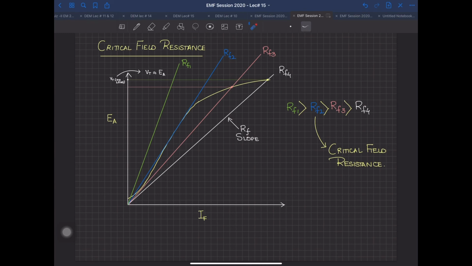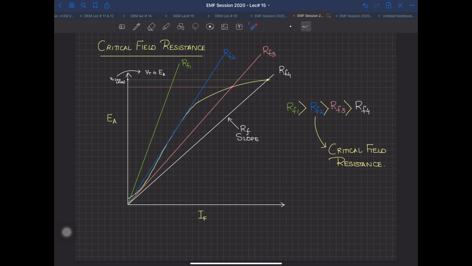This is that field resistance at which the generator is not going to generate any voltage, or you can name it as that value of field resistance which is required, or at least the resistance has to be smaller than this critical field resistance for the generator to actually produce some voltage.